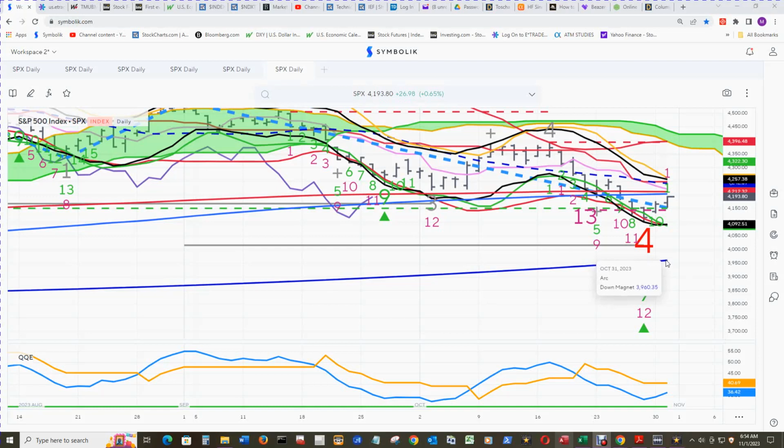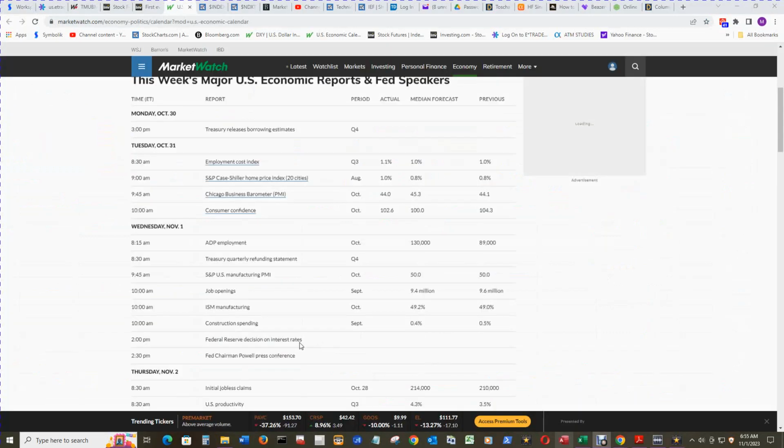End of day today. Fed day on Wednesday the 1st, 2 p.m. Eastern Time, the decision on rates, and then Chair Powell speaks a half hour later. Actually, it looks like this one will be an interesting one to watch. It's almost in contraction. It's right at the center line 50.